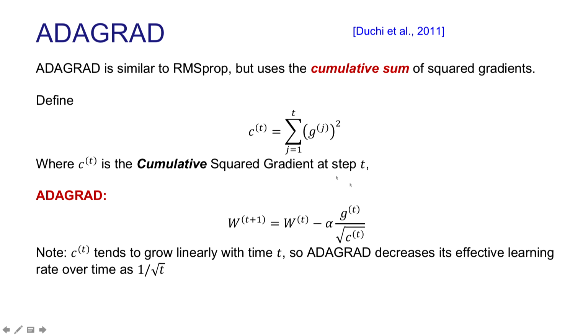Because this sum here is cumulative, if you assume for a moment that the gradients don't change much over time, then the size of this sum is proportional to t. So the magnitude of c is growing in proportion to t in each coordinate, which means the square root is growing proportional to the square root of t.